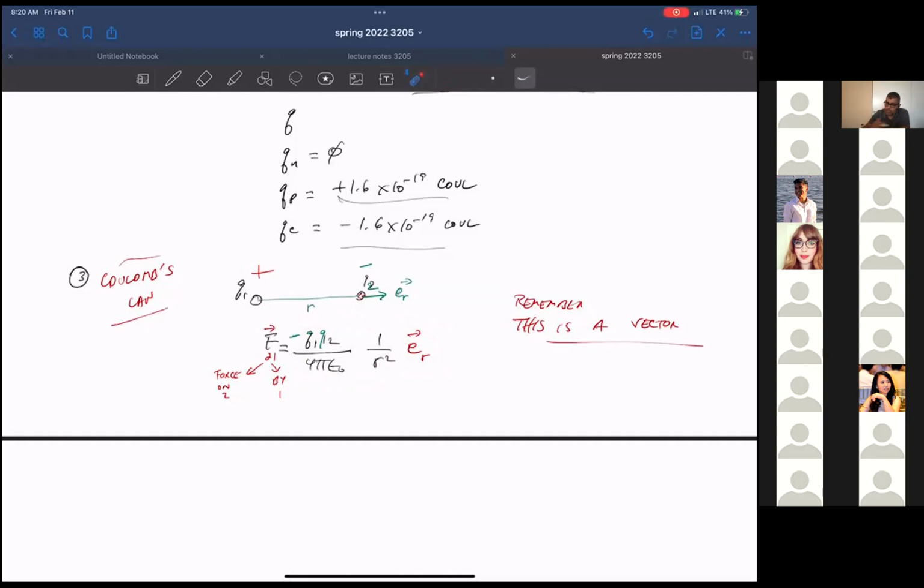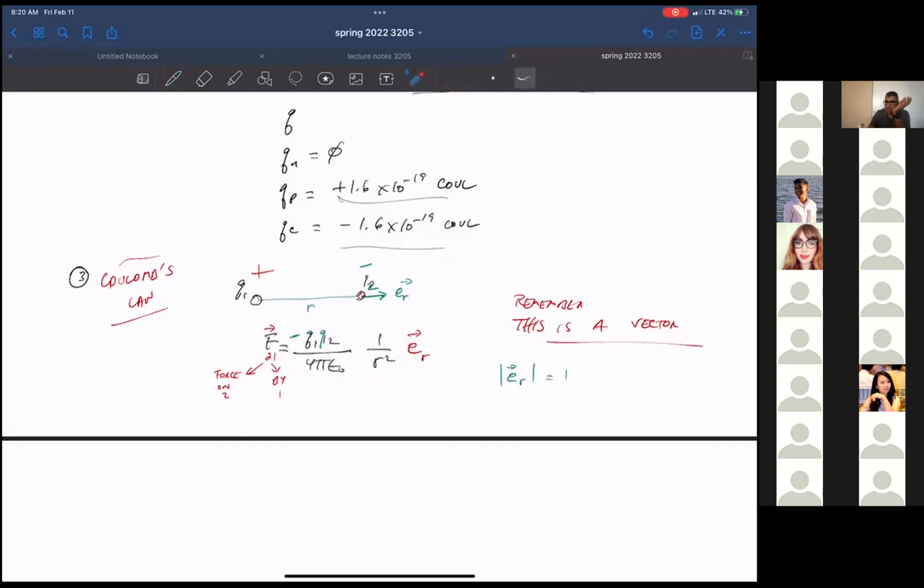Again, this is a unit vector. There's nothing magical about it. It's our definition of how we're trying to separate out a direction from the amplitude, so it's easier to deal with mathematically in an equation. The amplitude of these unit vectors is always one, so they don't affect our amplitude calculations.